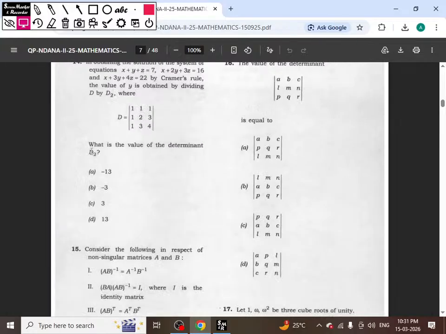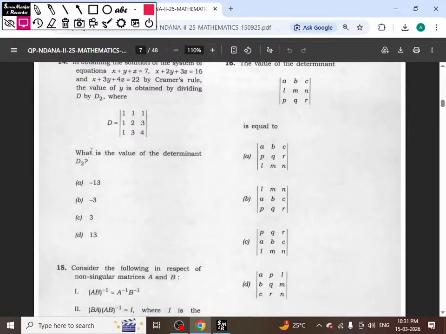Let me... I guess now you can see it. So we have got A, B, C, L M N and P Q R. We have to go by options. A, B, C. So it is wrong. You can ask why, because a minus sign would be required.